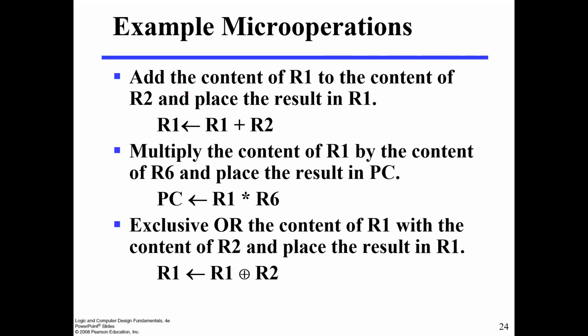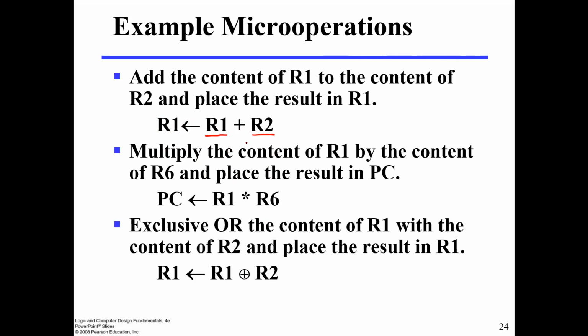Examples of some micro operations. We can add the content of 2 registers and save the result in another register. So here I'm saying take the content of register R1, add it to the content of register R2, and feed the result back to register R1.